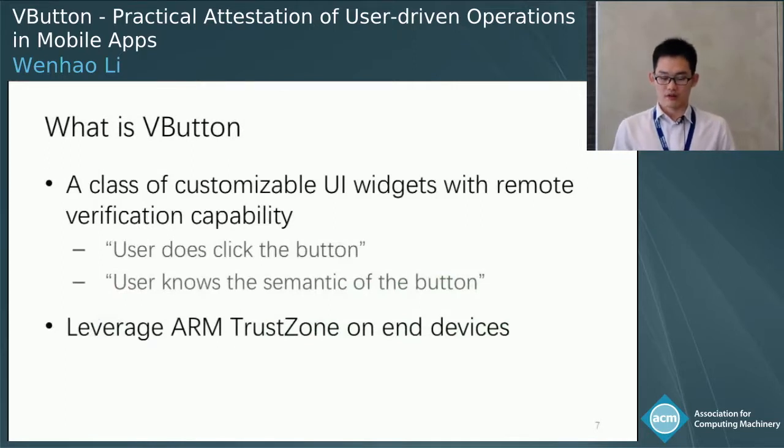So from the application developer's perspective, VButton is a class of customized UI widgets which has the remote verification capability. It ensures that the user does click the button and the user knows the semantic of the button. Technically, VButton leverages the ARM TrustZone on the end devices to protect itself.